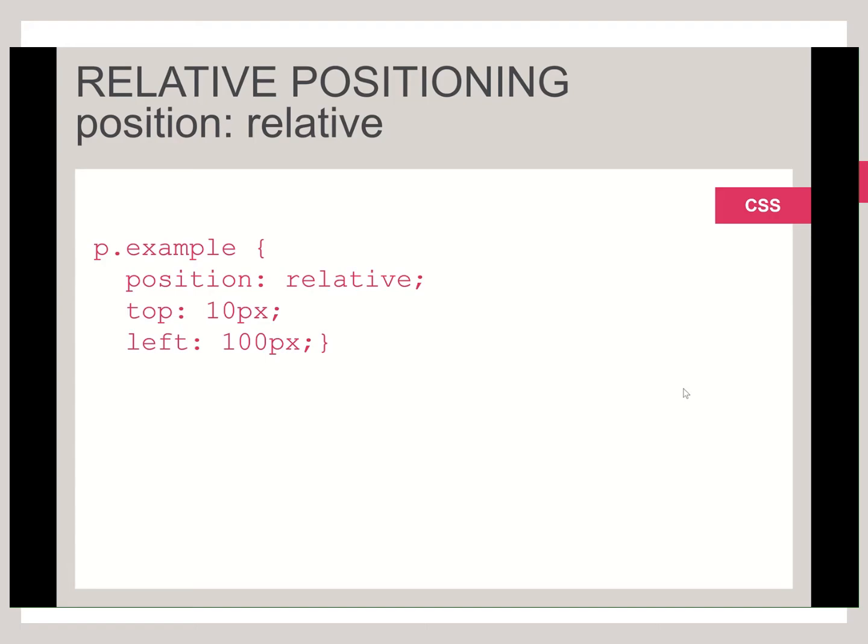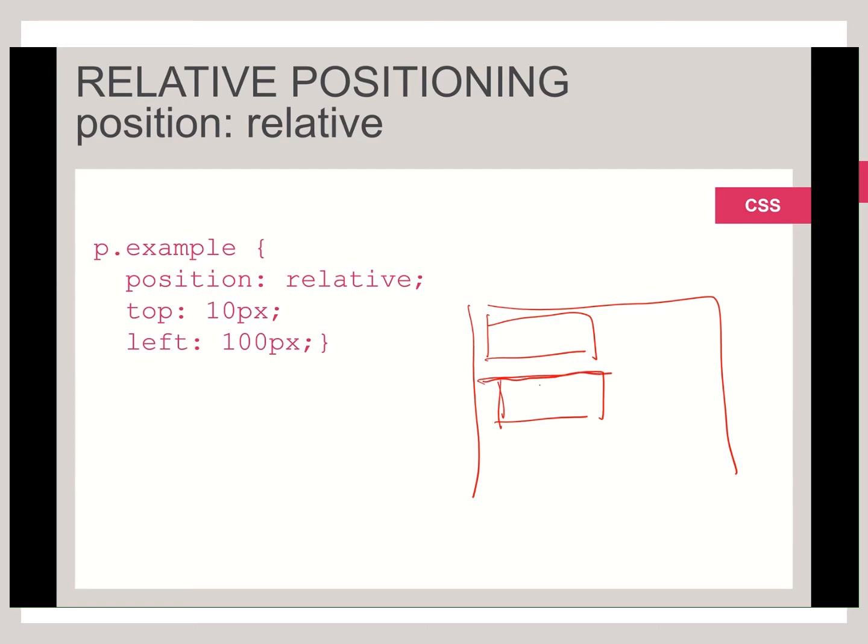So that means this is the deviation or the offset starting from the normal position. For example, you have a paragraph shown here. The next paragraph must use the normal flow, it will be like this way. But we want to do some relative positioning. So from here to here we allow 10 pixels from the top, and then for the left we start from here.